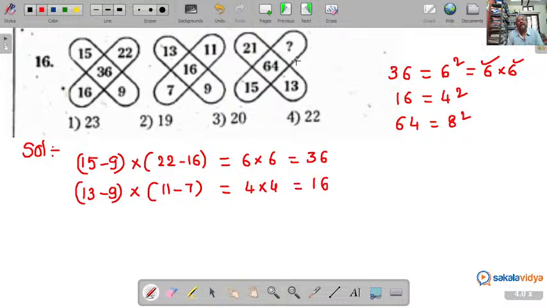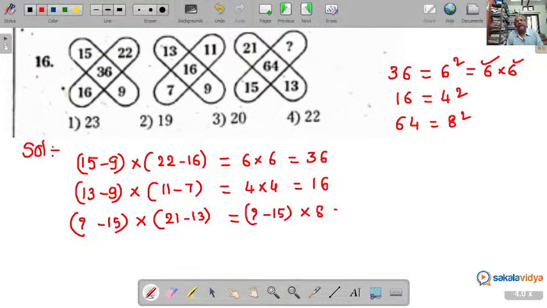In the similar pattern, the question mark minus 15 multiplied with 21 minus 13, that will be question mark minus 15 multiplied with 8 equal to 64. Obviously, this must be 8.